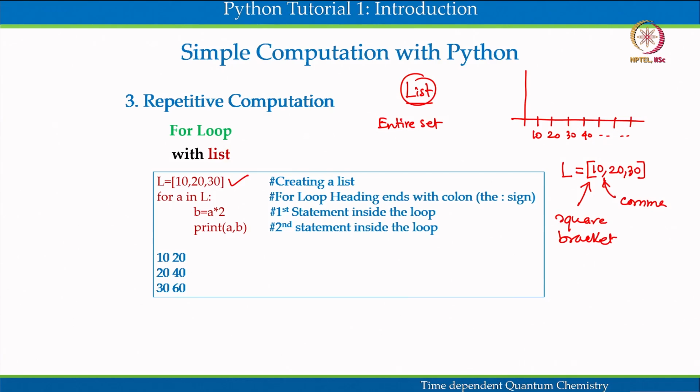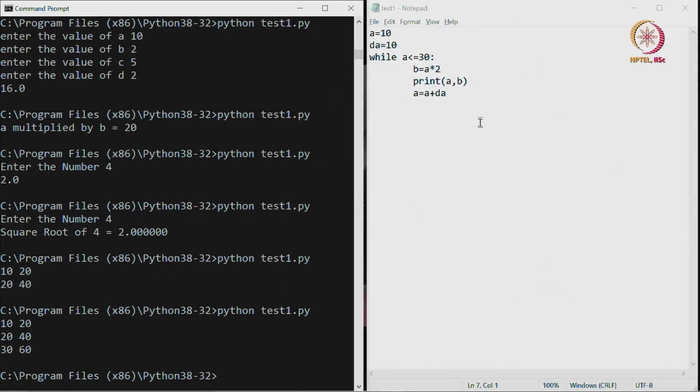And once you prepare the list, one can in fact call a particular element of the list by this construct within this square bracket. So let's look at how it works on my laptop. Let's say I have defined a list within square brackets, 10, then 20, then 30, and I would like to print the first element of the list.